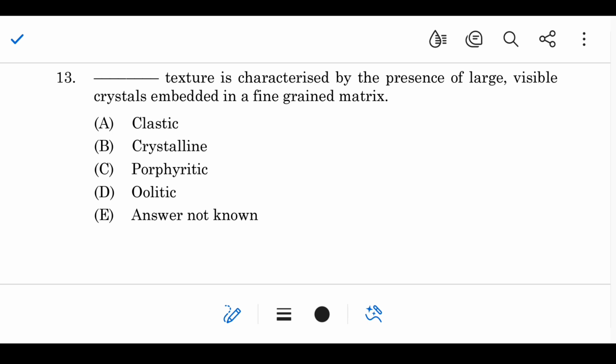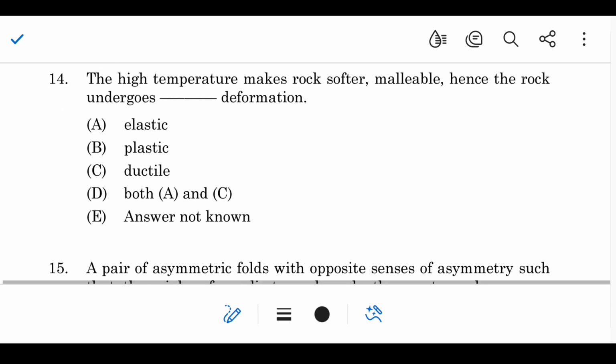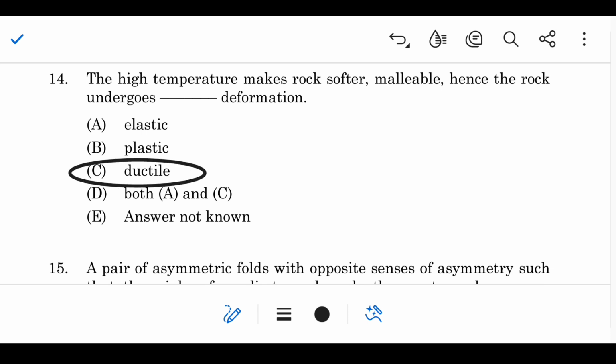13th question, dash texture is characterized by the presence of large visible crystals embedded in fine grain matrix. It is porphyritic texture. Next, 14th question, high temperature makes rock softer and malleable, hence the rock undergoes ductile deformation. These are related to high temperature.